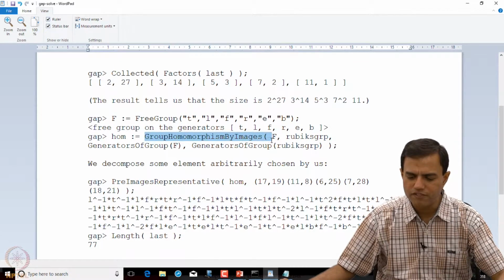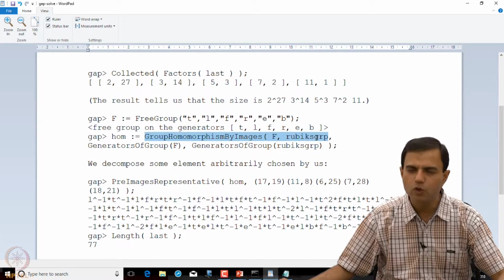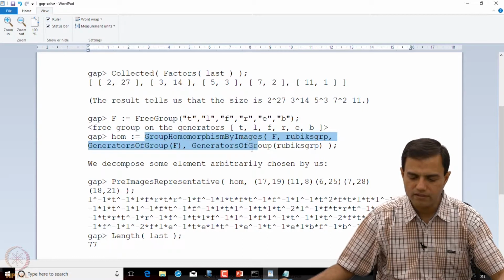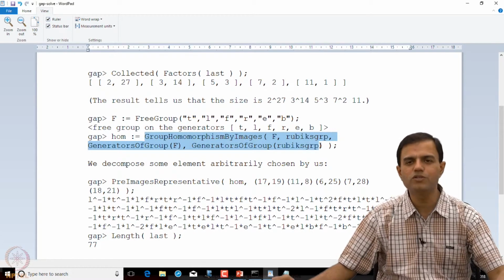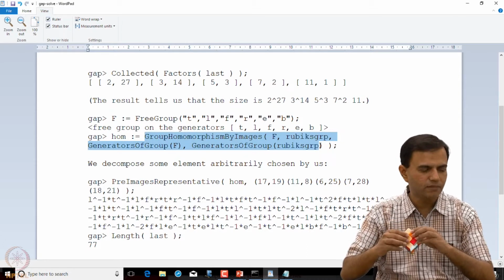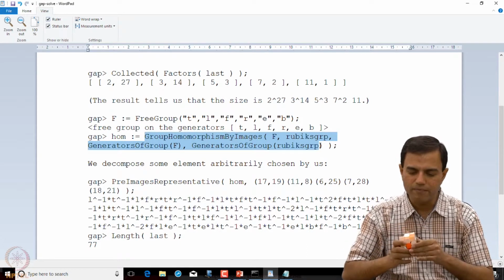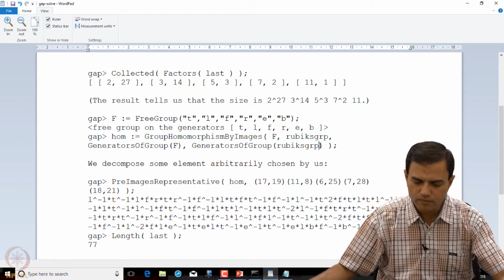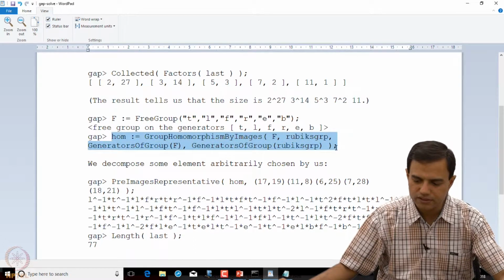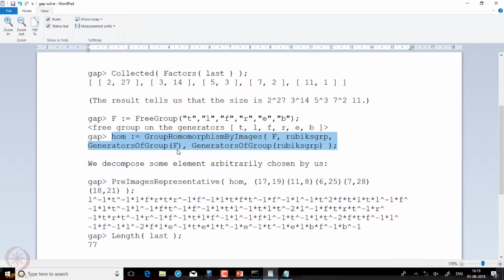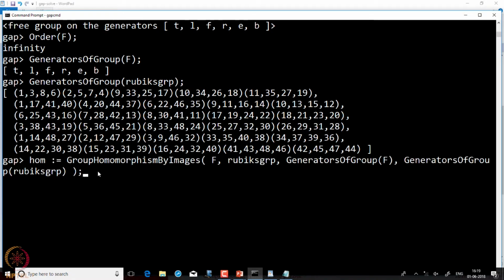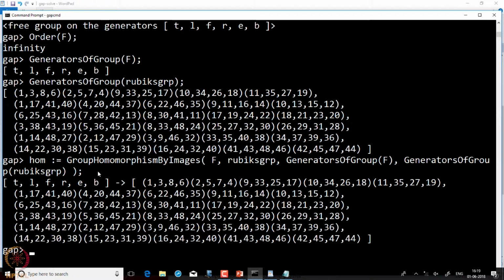I am giving a homomorphism from the free group F to Rubik's group, and the generators of F, which are T, L, F, R, E, B, go to the generators of Rubik's group, which are precisely the basic moves. Okay, so let me define this. Copy it. This is pasted, so the homomorphism is created.